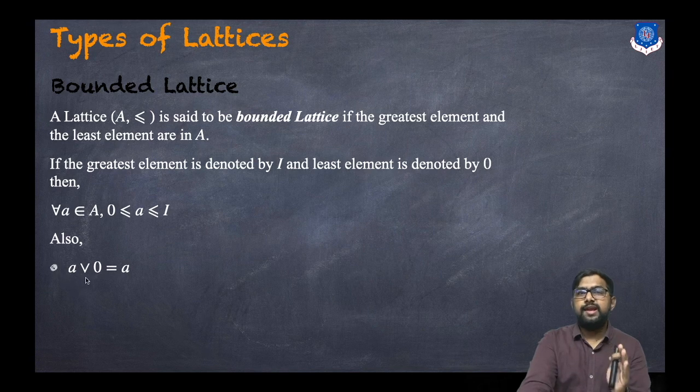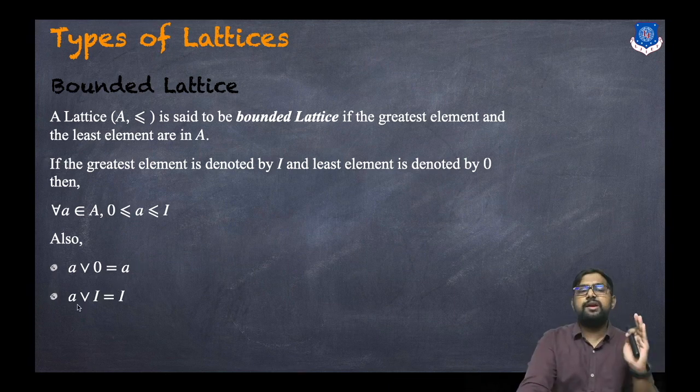Also, a ∨ 0 equals a. This 0 is the least element and a is whatever element it is, and ∨ means the least upper bound. The least upper bound of a and 0: since 0 is the least element, the answer will be a. In the same manner, a ∨ I is the LUB of the greatest element and some element.